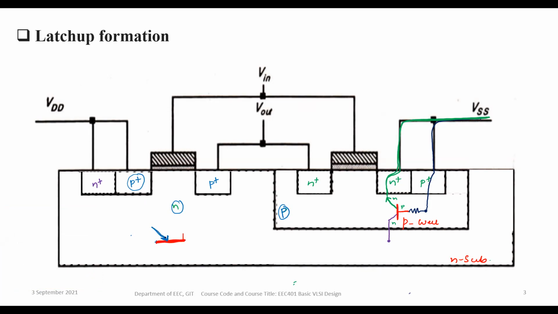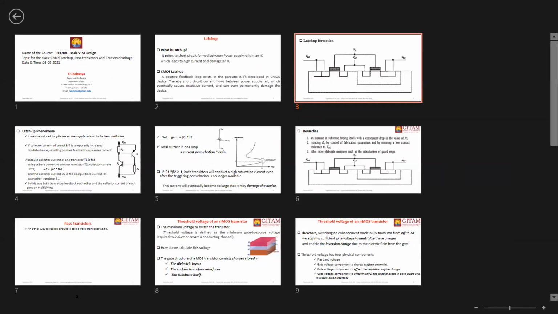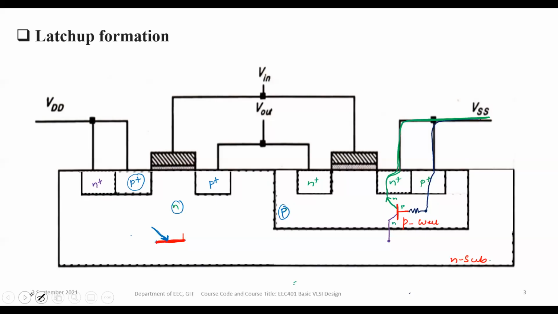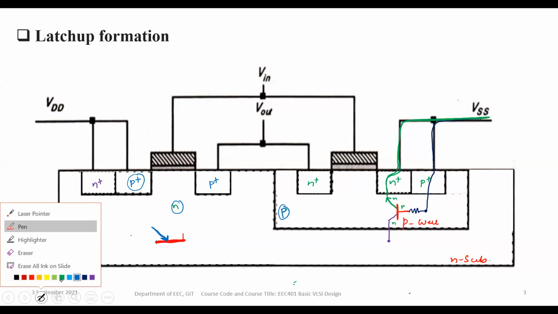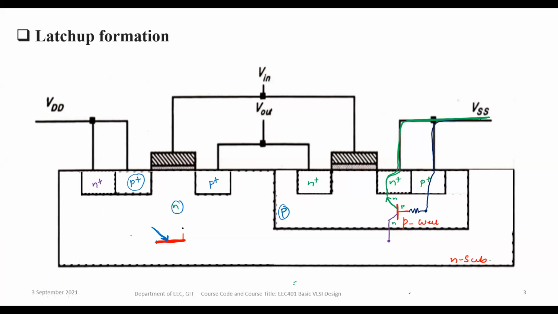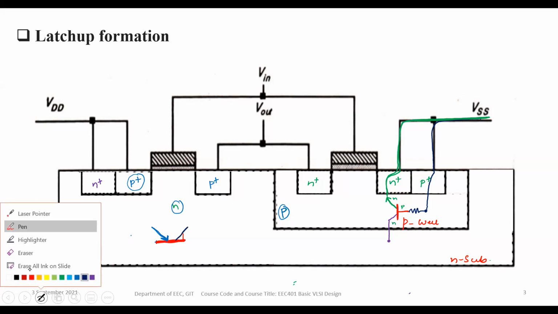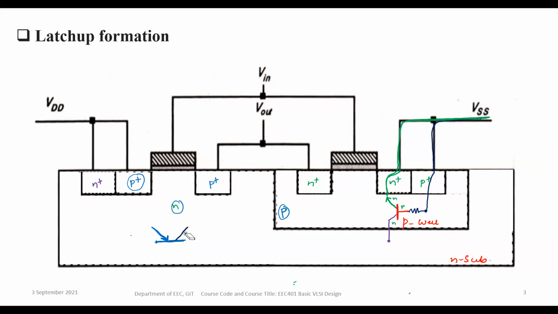Sorry, the emitter: the source of the PMOS transistor acts as the emitter of this transistor. Okay, and this will be the collector of the device.